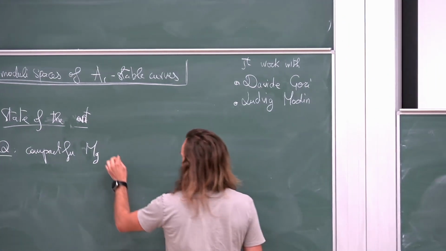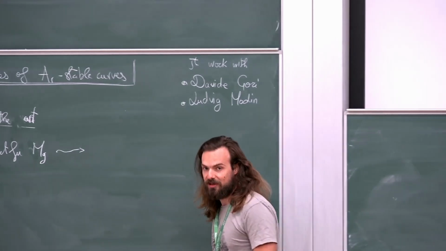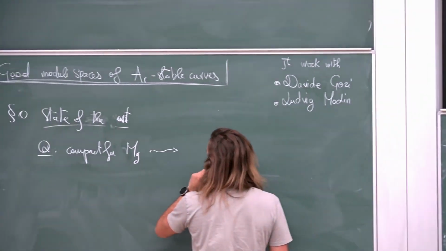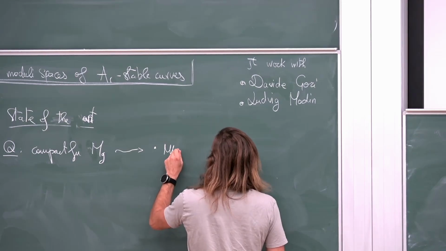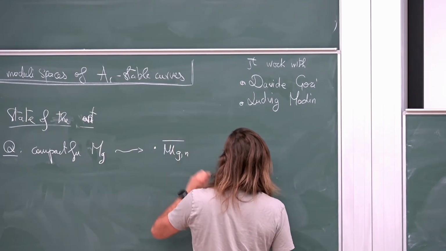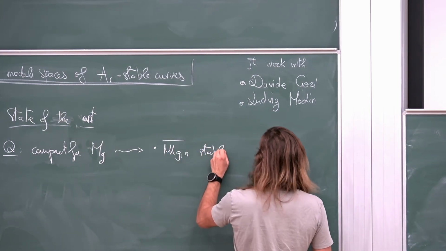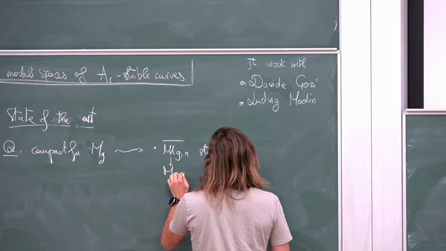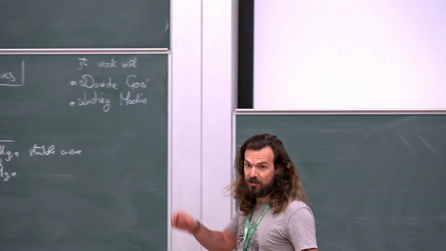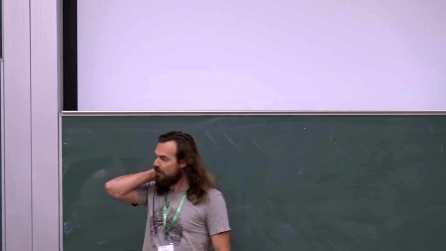The first, and arguably one of the most beautiful, answers was given by Deligne-Mumford with the Deligne-Mumford compactification of stable curves, which is the coarse moduli space of a Deligne-Mumford separated stack.